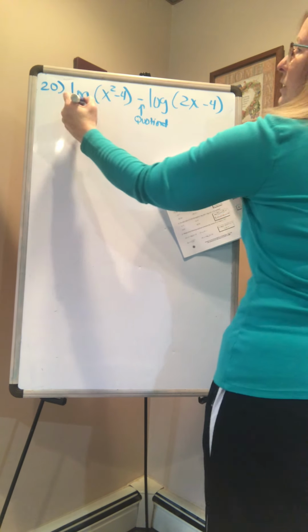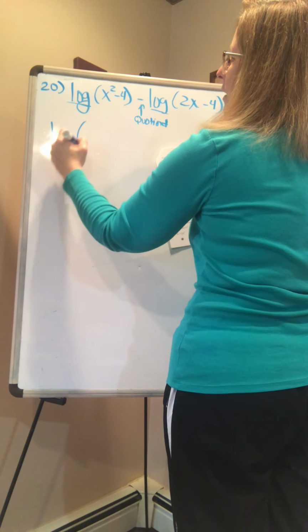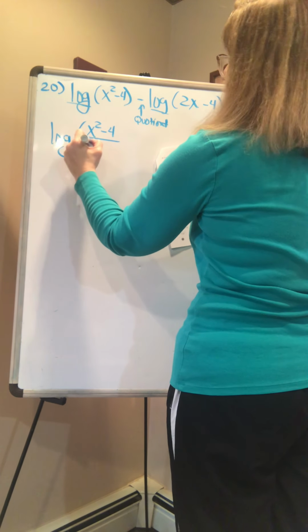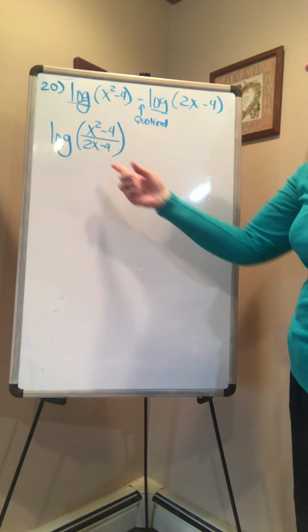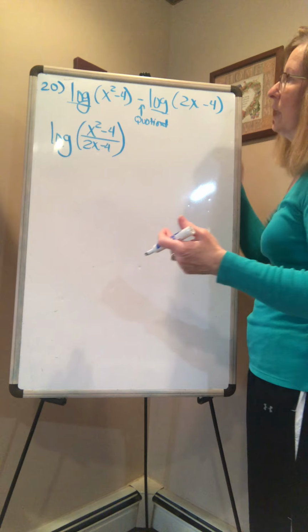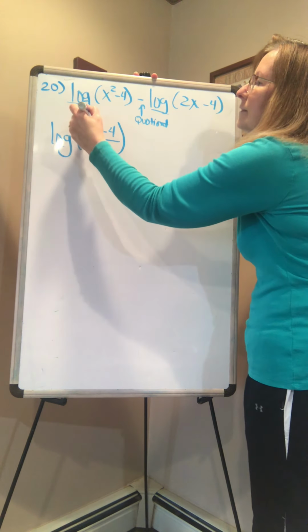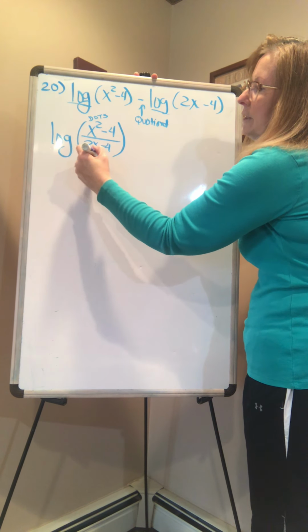So if I factor out these logs like we did, I would have x squared minus 4 over 2x minus 4. Well, I can simplify this fraction. So, chapter 3 fractions and chapter 1 factoring. This is DOTS, and this is GCF.